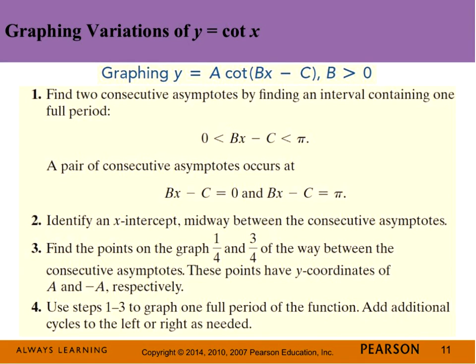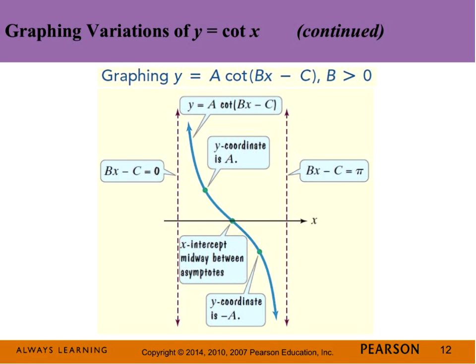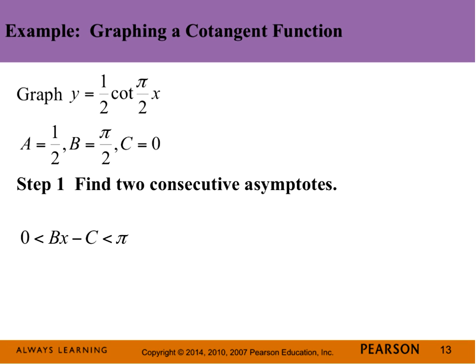You're going to find that quarter and that 3/4 of the way through points as well, using the function equaling a and negative a, just like we did in the last one, and then you'll graph. And here's a picture of all of that information there for you.